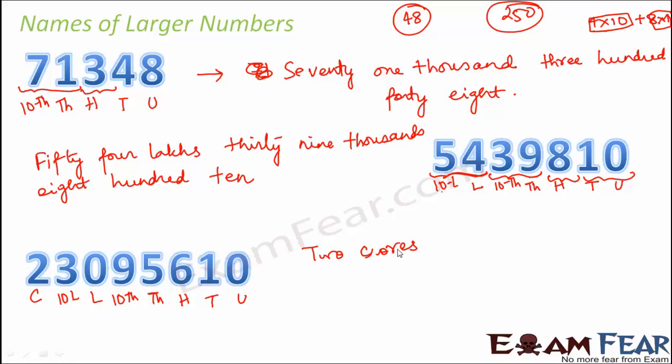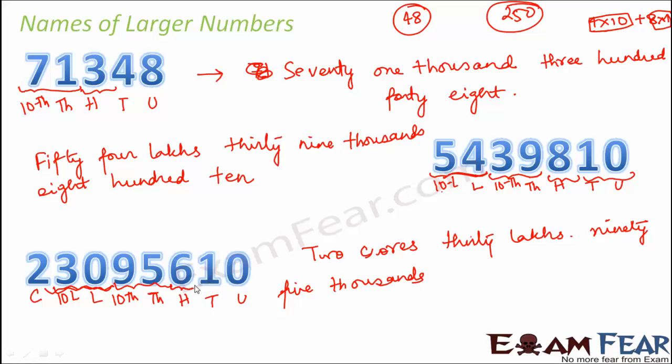How many lakhs? 30 lakhs, because both of these represent lakhs. So this would be 30 lakhs. Thousands, 95 thousands. How many hundreds? 610.